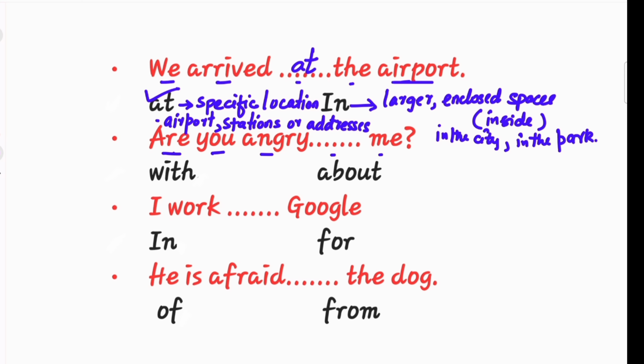Are you angry blank me? With or about? The adjective angry is followed by with when the object is a person, the source of the anger.